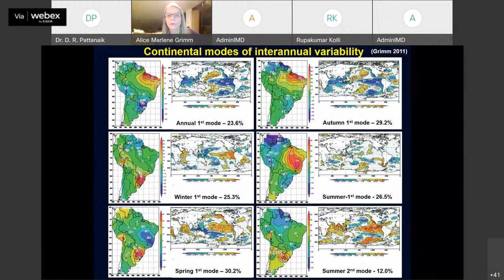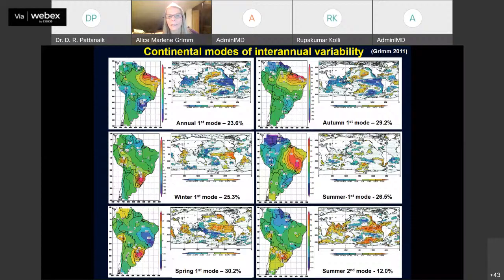Only the first modes, just for summer, we are showing the two first modes because summer is our focus in this presentation. In all these first modes for annual total, winter, spring, autumn, you can see a very strong influence of ENSO on these first modes of variability.